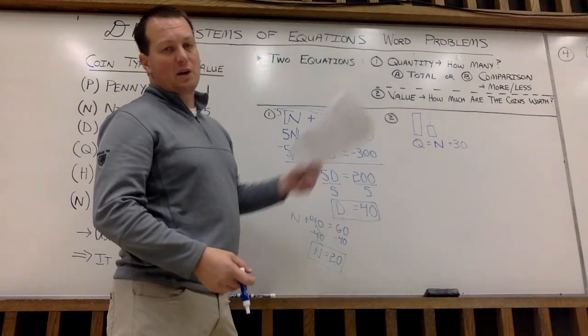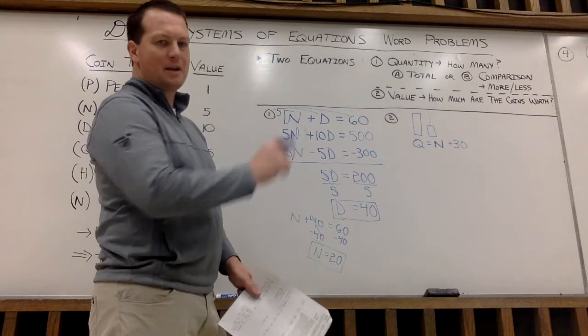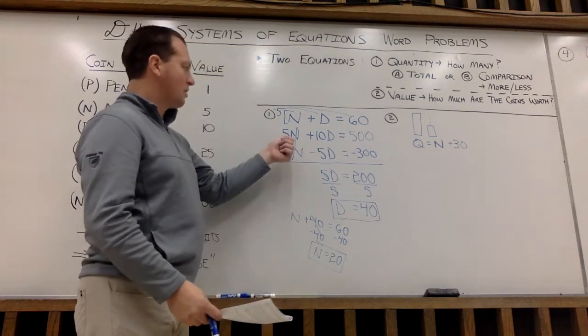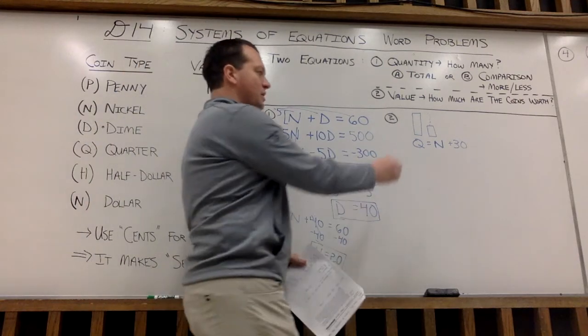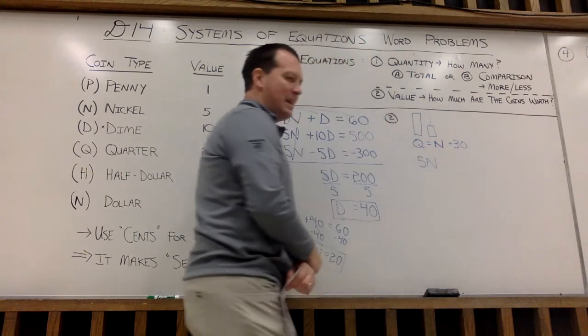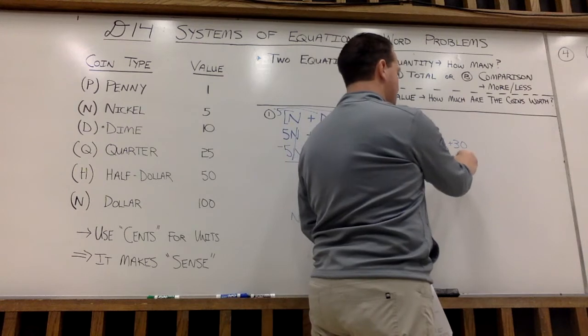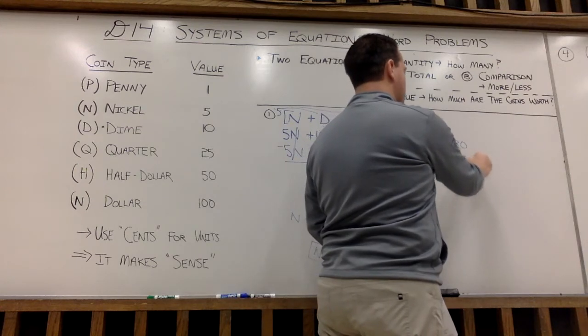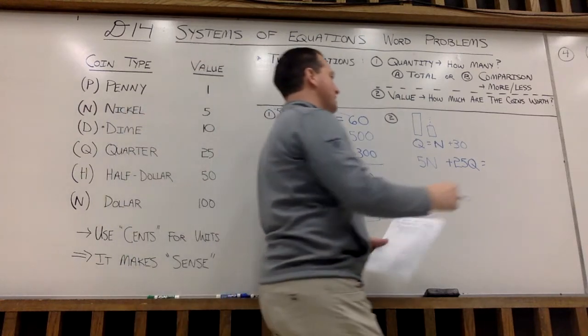We said the value equation, that one stays the same. The setup is exactly the same every single time. I usually start with my smallest coin value to write first. So between quarters and nickels, a nickel has a smaller value than a quarter. So 5 cents per nickel plus 25 cents per quarter is going to equal a grand total of $11.70.